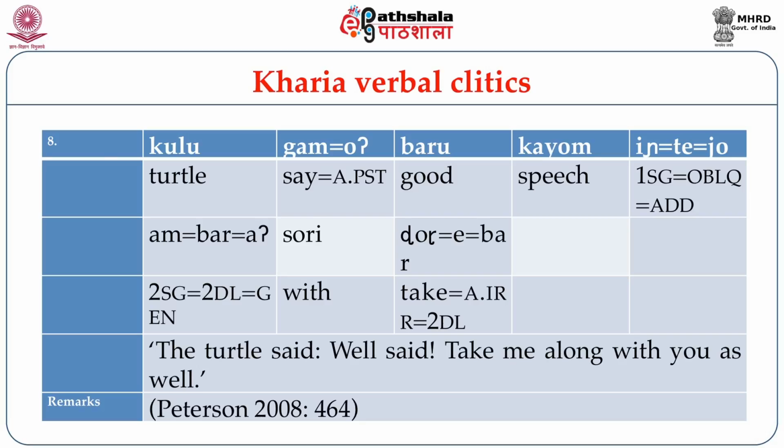So we find gamo. So the tense marker, the aorist past, appears as a clitic on the verb say. Similarly, look at the verb for take, dorebar. You have the verb take followed by the irrealis marker and followed by the second dual agreement marker, both of which are verbal clitics appearing on the verb itself.